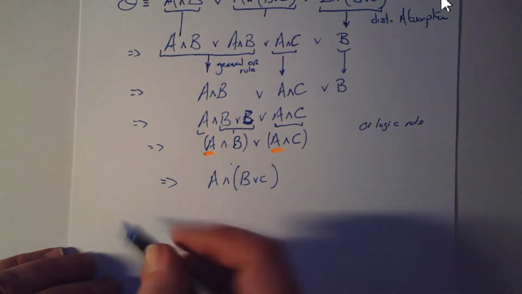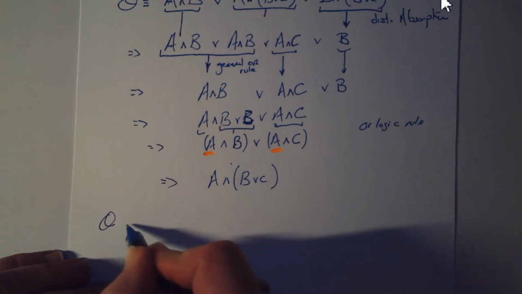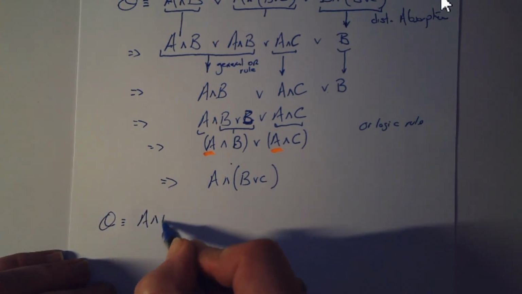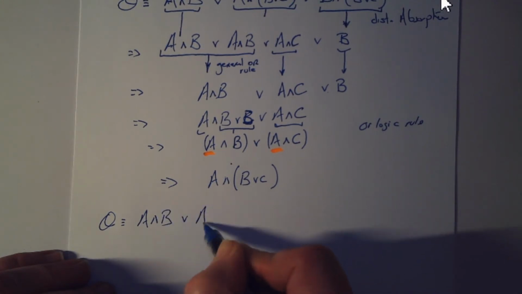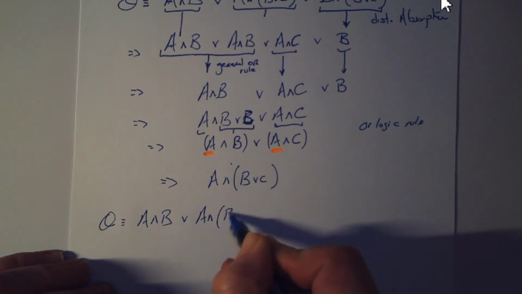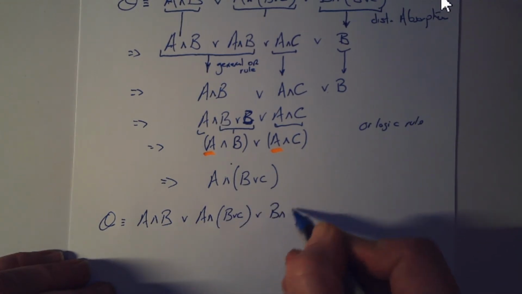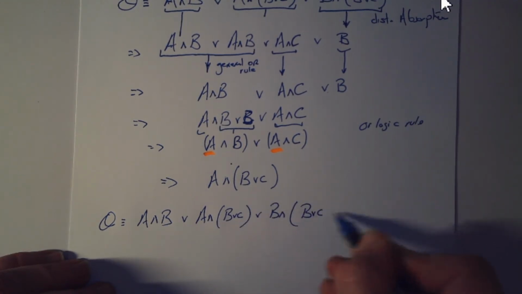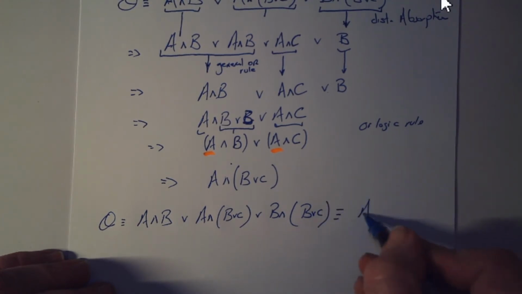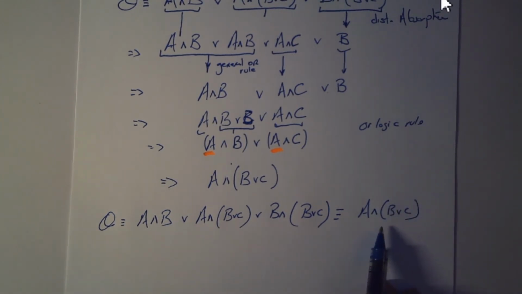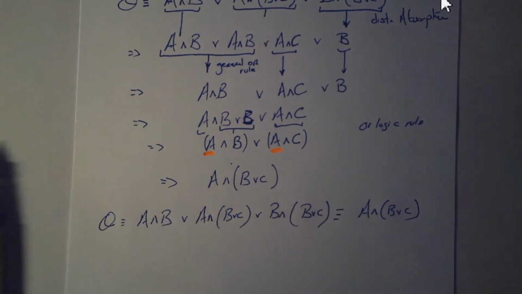So finally I'm going to say Q is logically equivalent to A and B, or A and B or C, is logically equivalent to A and B or C. So that's our simplest form that we have on the right hand side.